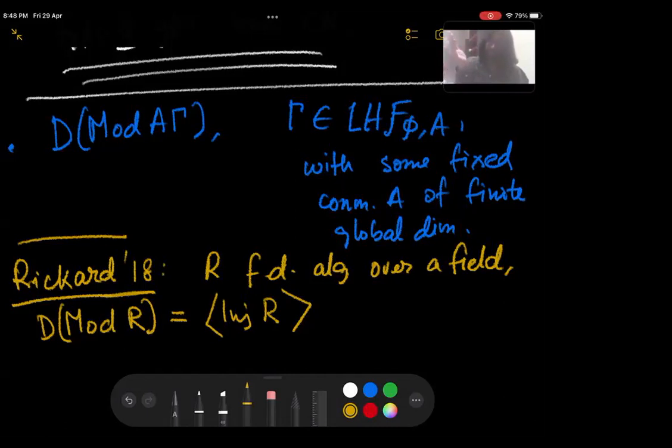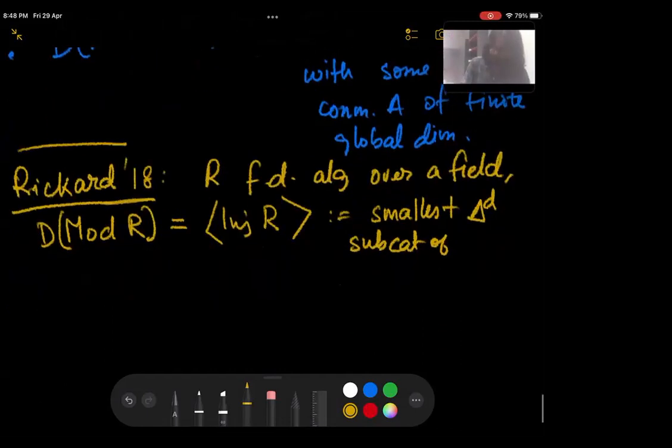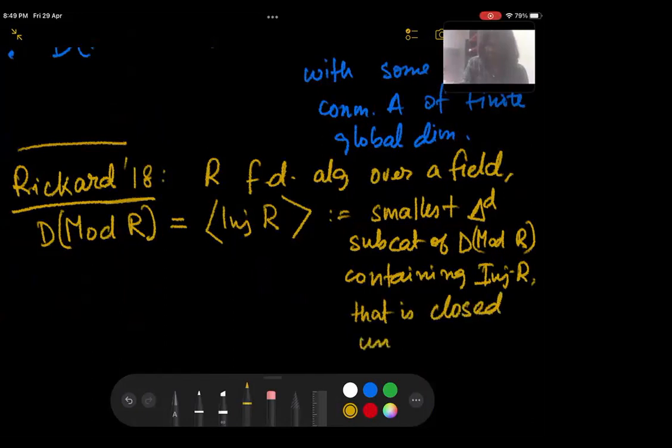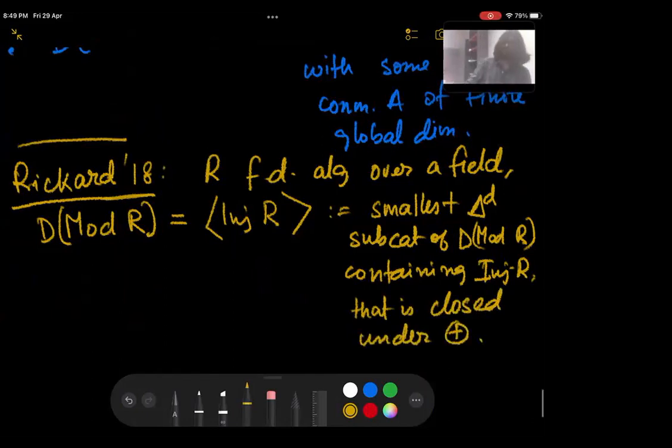A localizing subcategory means a triangulated subcategory closed under arbitrary coproducts, so I'm just going to use the direct sum symbol.